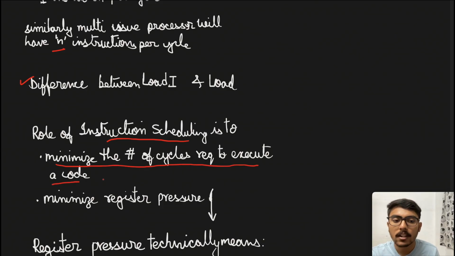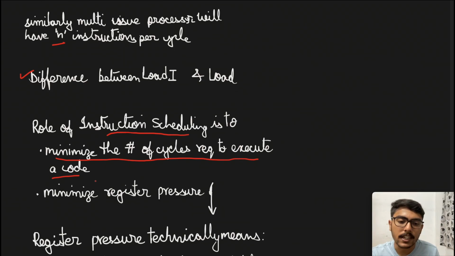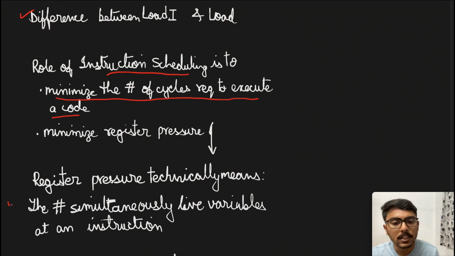Another important factor handled by instruction scheduling is register pressure. Register pressure technically means the number of simultaneously live variables at an instruction. The technical term might be daunting, but it is basically what we discussed in some previous videos on the channel, in the code optimization part.